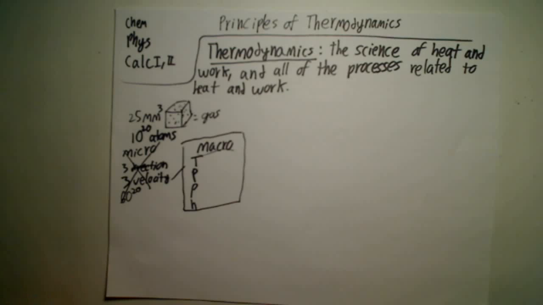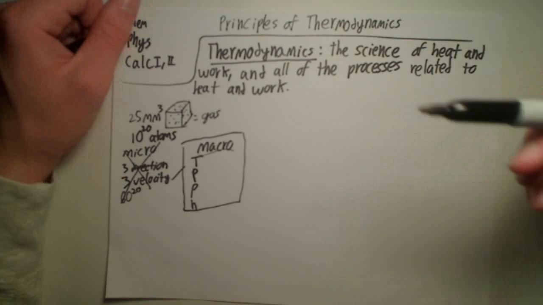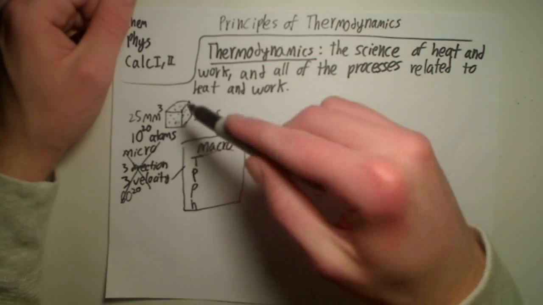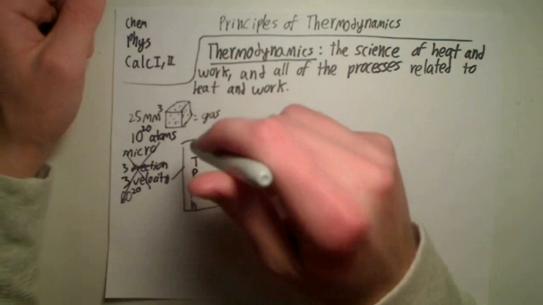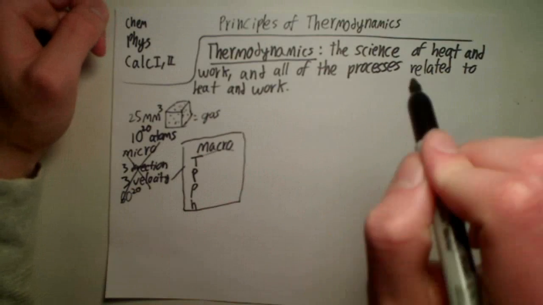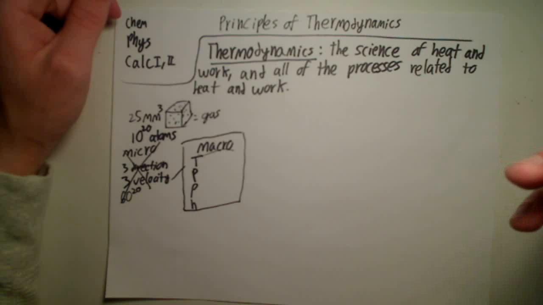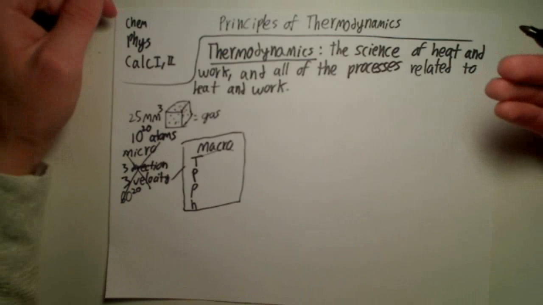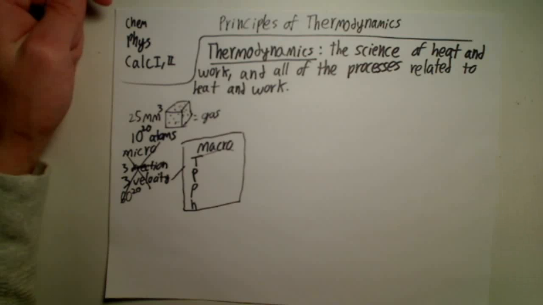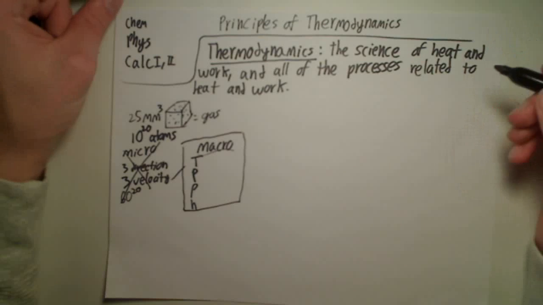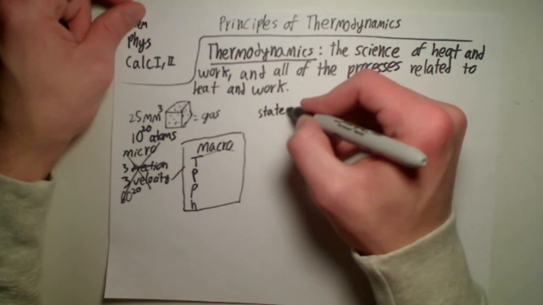And because of the laws of probability, we can assume that the average is a good way of representing this block of gas instead of having to identify every single one of these atoms. It's much easier to keep track of, and we can actually use everyday instruments to measure and quantitate the properties of these gases. Now, I just said properties. A state is a collection of properties.